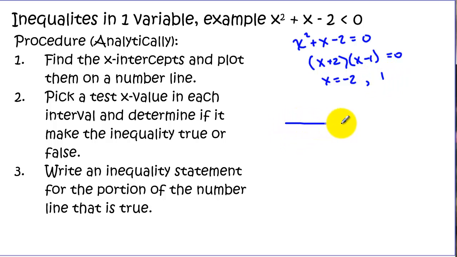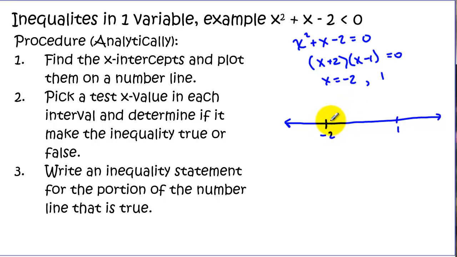So we're going to organize those on a number line. Now we know from the behavior of a parabola that between these two x-intercepts, since these are the only intercepts, this function can't wiggle. It can't be partly up here and partly down here.